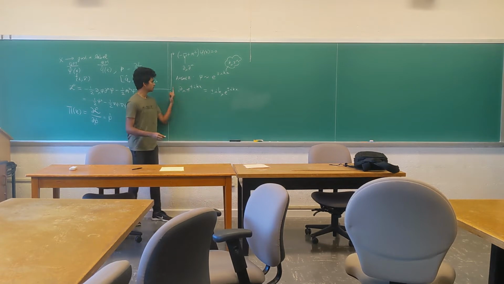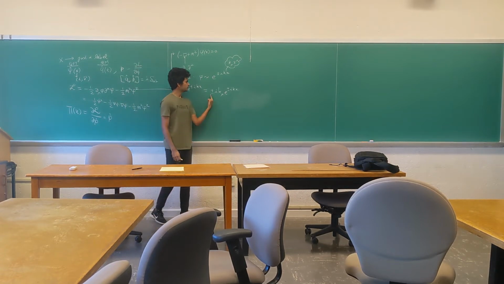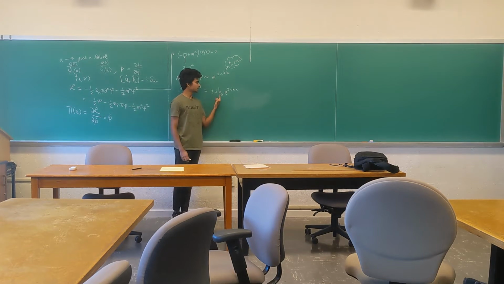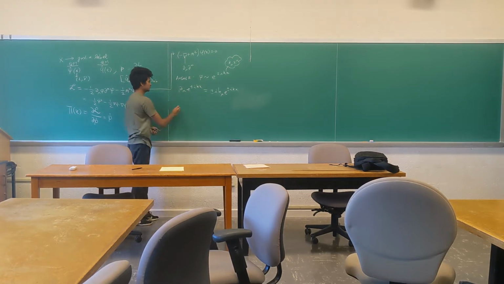Now, if I take one more d mu on this, I'll just get another plus or minus i k superscript mu e to the i kx. So the box will give me minus k squared. And this minus and the new minus cancel each other, and we get this.